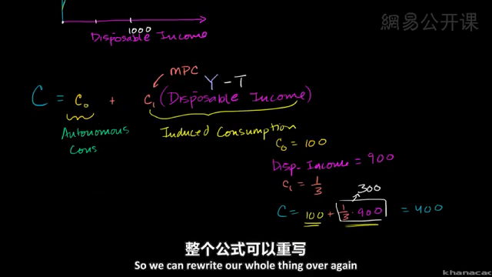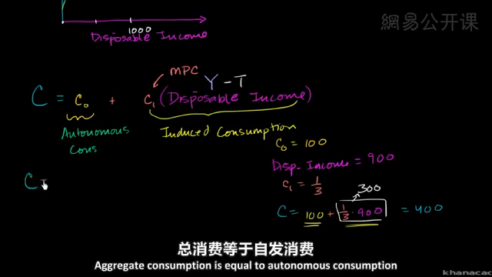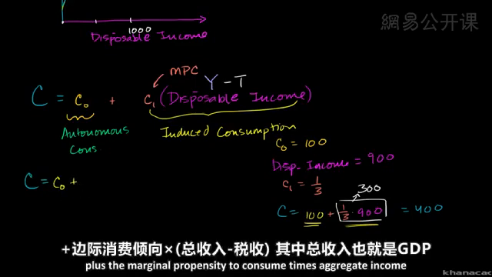So we can rewrite our whole thing over again. Aggregate consumption is equal to autonomous consumption plus the marginal propensity to consume times aggregate income, which is the same thing as GDP, minus taxes.